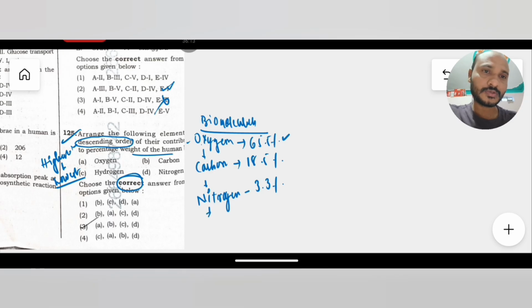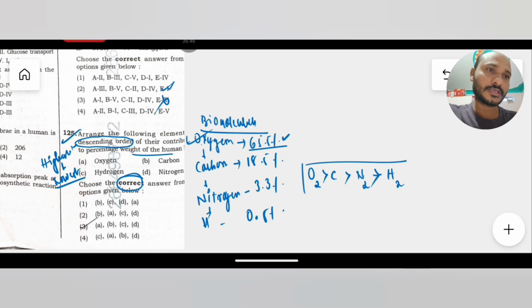Then follows hydrogen, very little, 0.5%. So the highest element present in the human body is oxygen, 65.5%. So we have to arrange these in descending order: oxygen is greater than carbon, is greater than nitrogen, is greater than hydrogen.